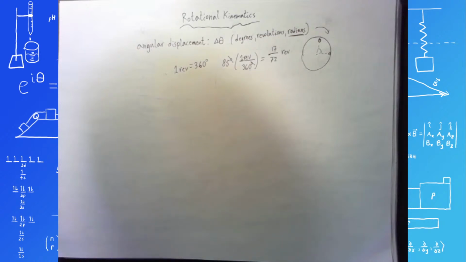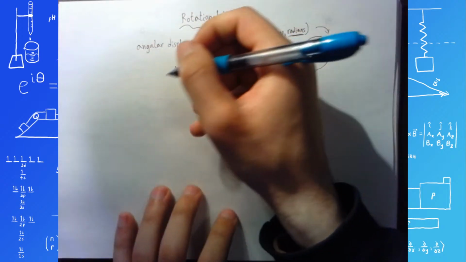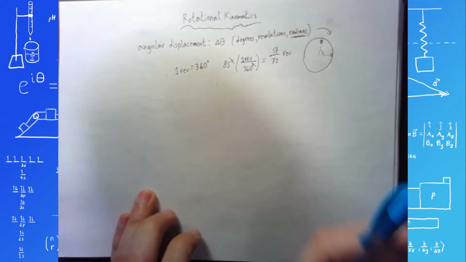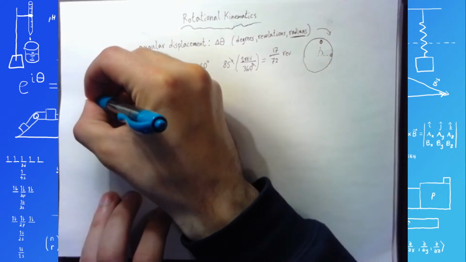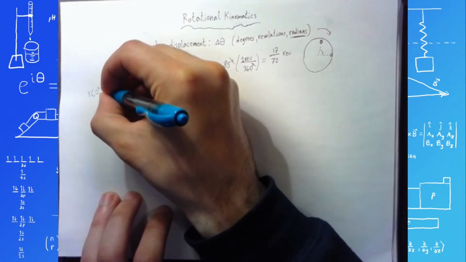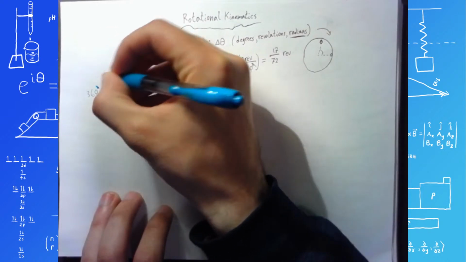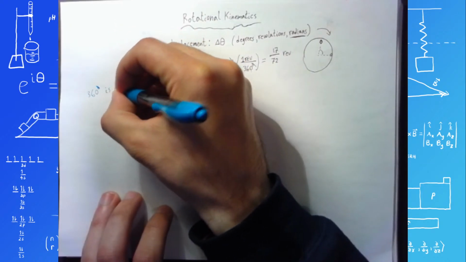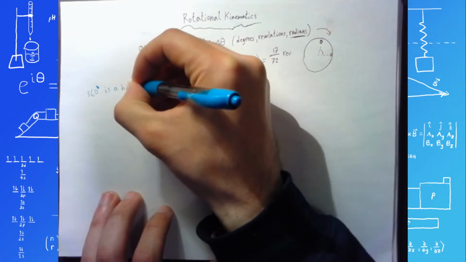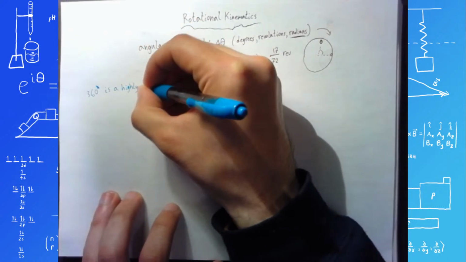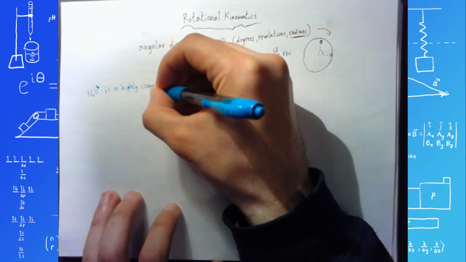It's what's called in math a highly composite number. 360 degrees, or well, without the degree, just the number 360, is a highly composite number.